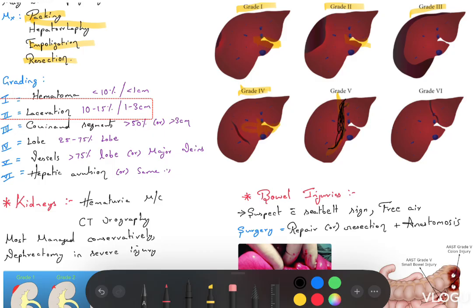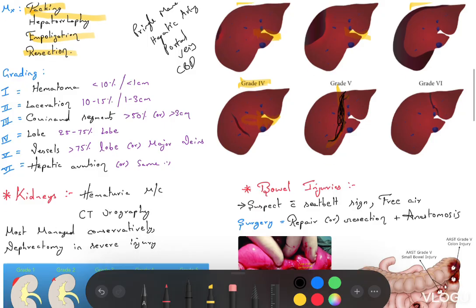In the portal triad we can see the hepatic artery, portal vein and common bile duct. The purpose is controlling hepatic bleeding. This is the main purpose.